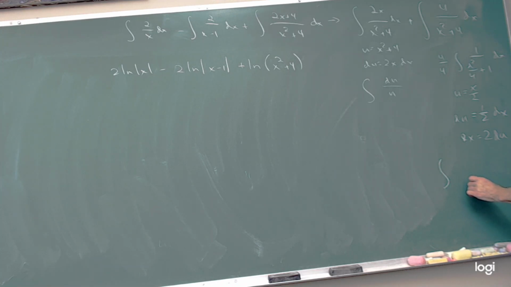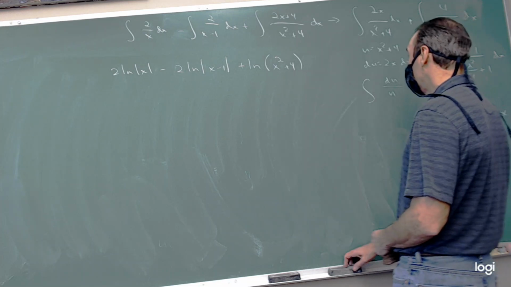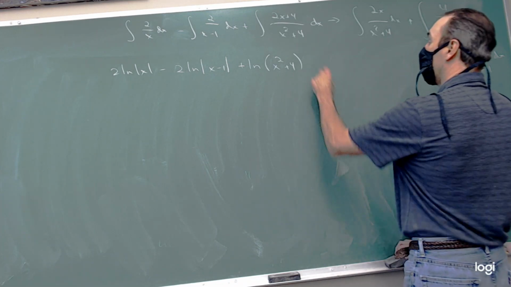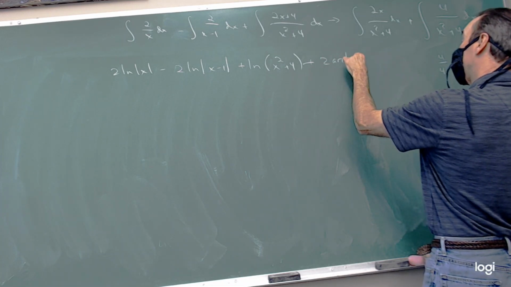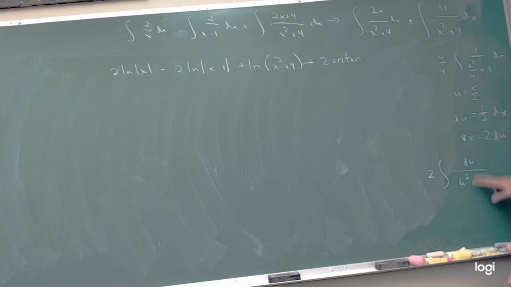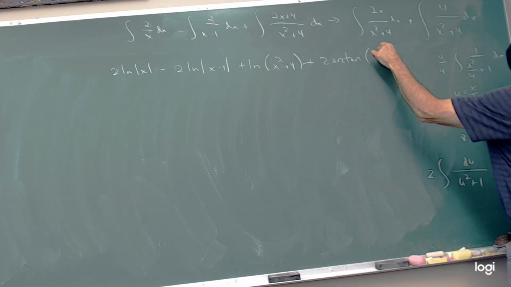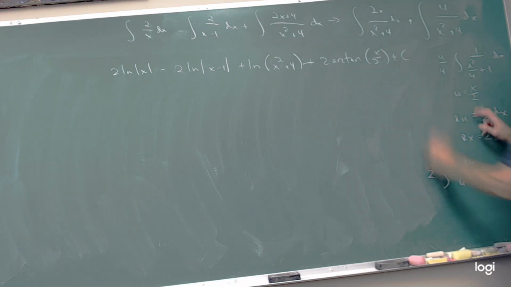We have our dx is now 2 du over u squared plus 1. And that's going to be, so easy to fix, plus 2, we're going to call this 2 arctangent of the u, which was x over 2, plus c. Is that okay?